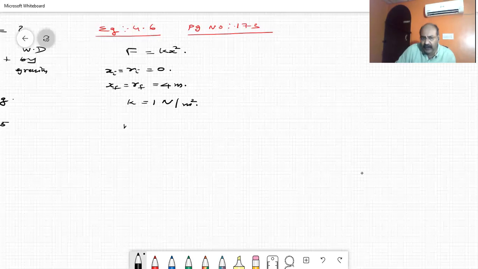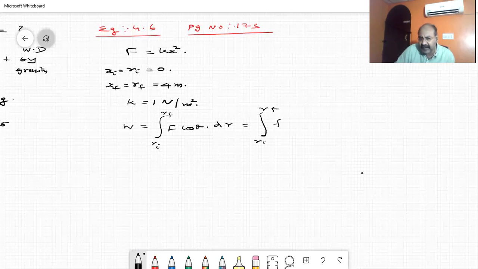So work done W is given by the integral of, in our theory, we have studied it as ri to rf, F cos theta multiplied with dr. Or we can write this in general as ri to rf of force into displacement.